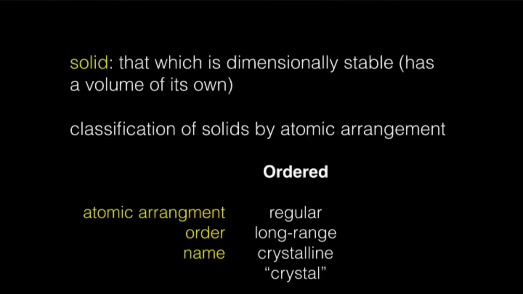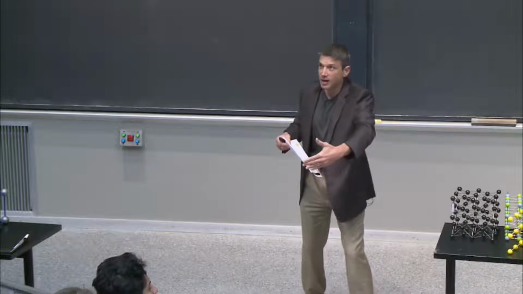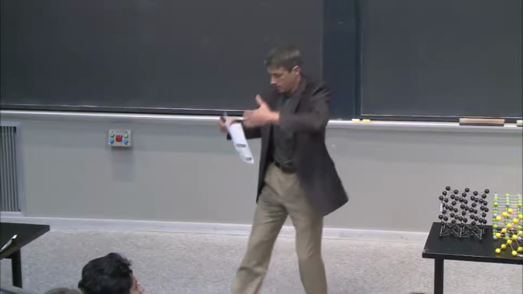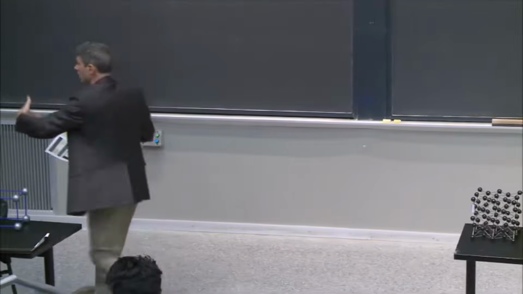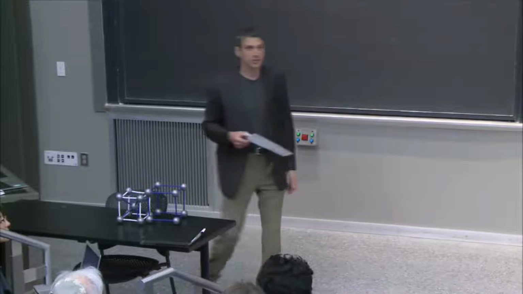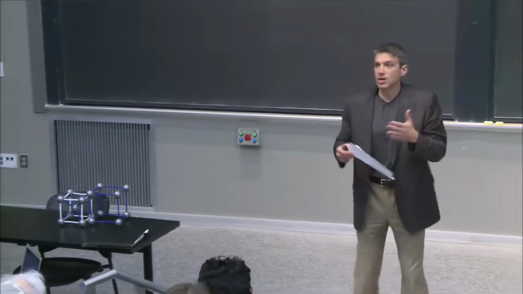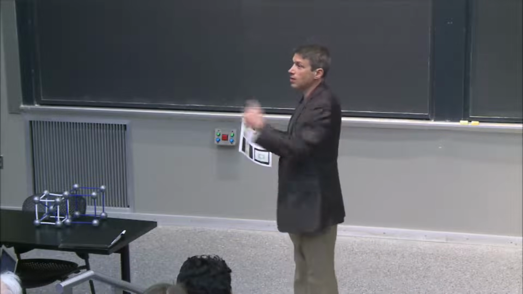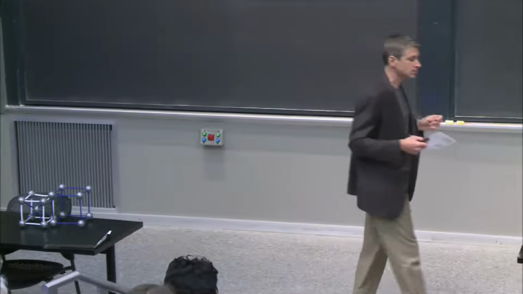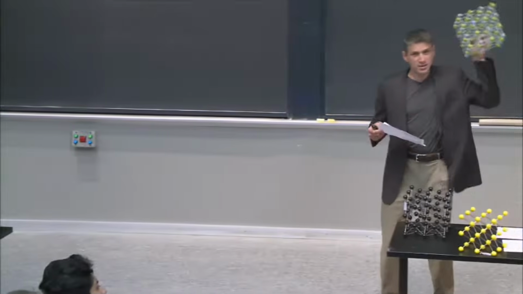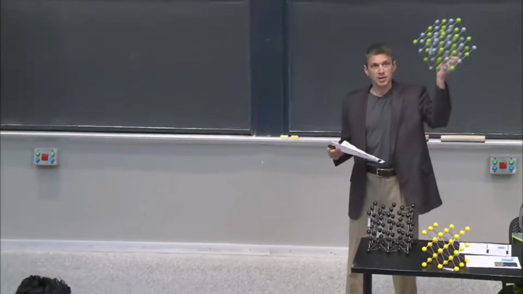What that means is that everywhere I look, I have the same thing repeating. And it repeats over a long, long way, like really long. So that kind of regular long-range order is a crystal. That's a crystalline solid, and that is going to be the topic of this week, crystalline solids.